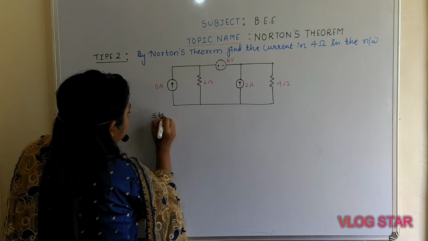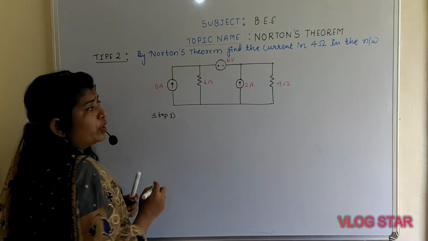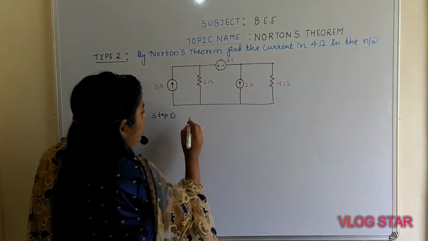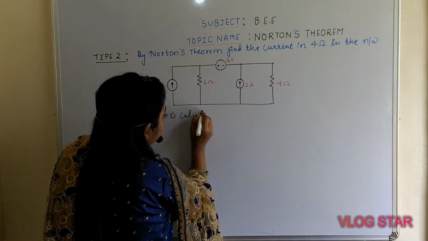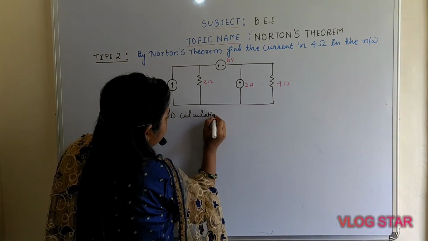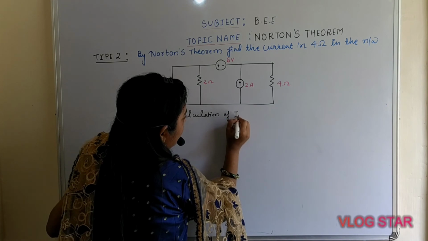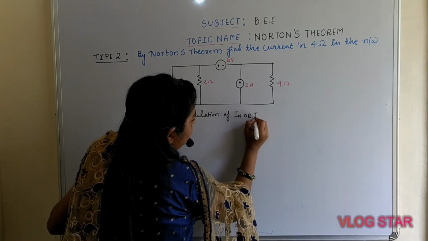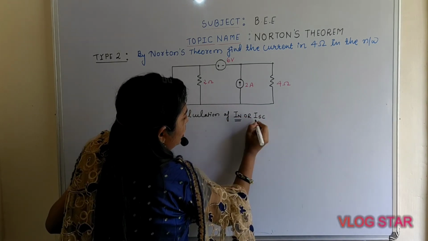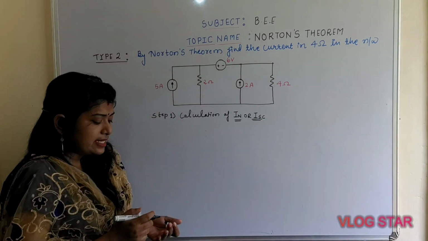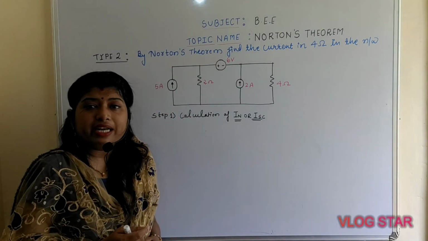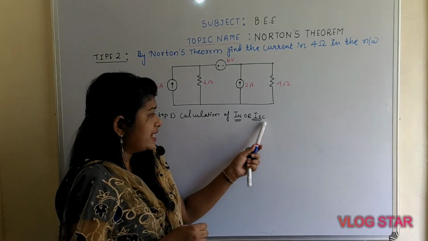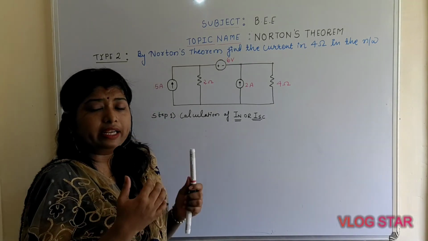Step number 1. What you have to calculate? You have to calculate IN, or you can say ISC. IN is nothing but the Norton equivalent current. ISC stands for short circuit current.